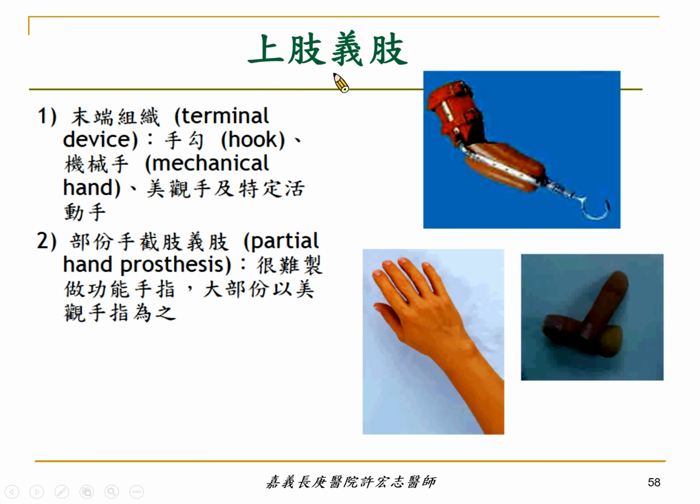Okay, this is the upper limb prosthesis. We call that the terminal device, which is also called 终端 in Mandarin. There are many kinds of terminal devices, like the hook. As you can see from the motion picture, the captain hook looks like this. A hook can hook something out.